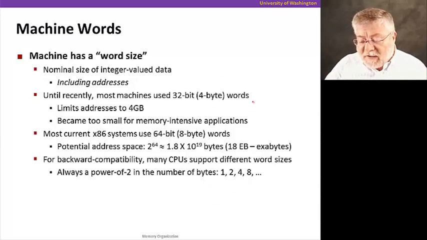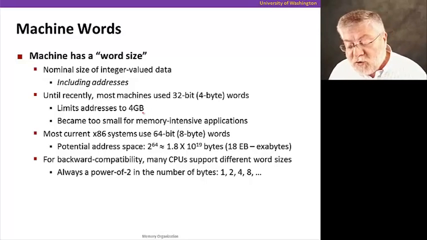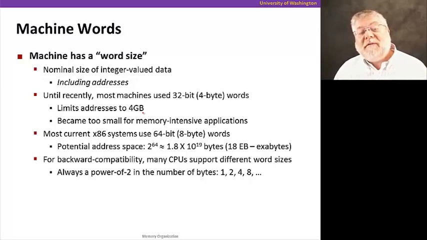So as I mentioned before, until recently, most machines use 32 bits or 4-byte words. In the old days, we also had machines with 16-bit words, or even at the very beginning, 8-bit words. This limits addresses to 4 gigabytes. That's how many different numbers we can have in 32 bits, and therefore how many different addresses we can have in the memory. This has become now too small for many memory-intensive applications.